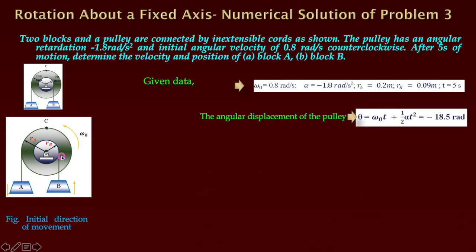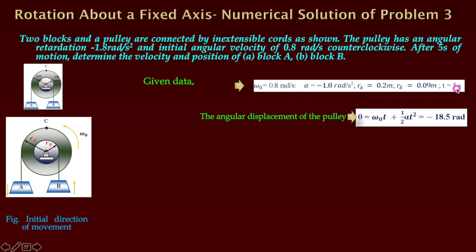Now we know the kinematic relations of the parameters. Theta equals omega 0 t plus half alpha t square, where alpha is the retardation. If retardation is there, this is the formula. And what is this theta? The angular displacement during the time period t. So omega 0 is given here as 0.8 radian per second.